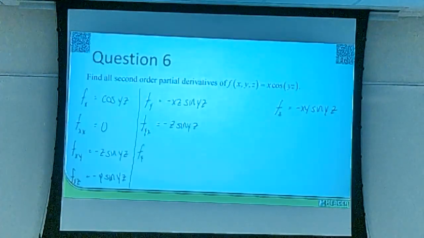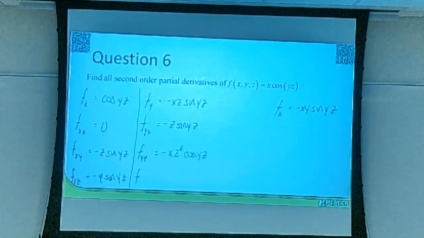With respect to y: negative xz squared cosine yz. Now with respect to z: negative xy.